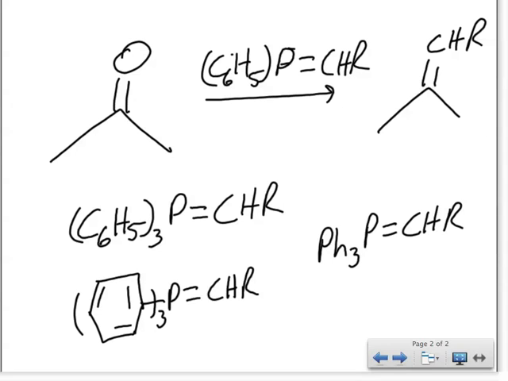Okay, so we're going to be taking a ketone, in this case, or aldehyde, and creating an alkene.